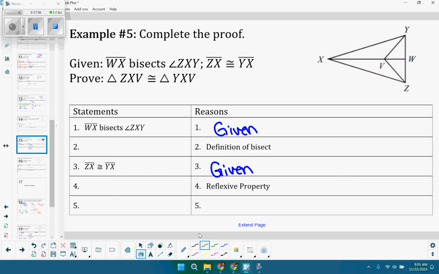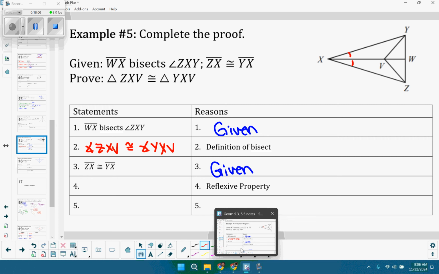But I'm going to use the definition of bisect. So I'm doing these two angles would be congruent to each other because the big angle was being bisected. It was being cut in half. So I'm going to call that angle ZXV is congruent to angle YXV by definition of bisect.